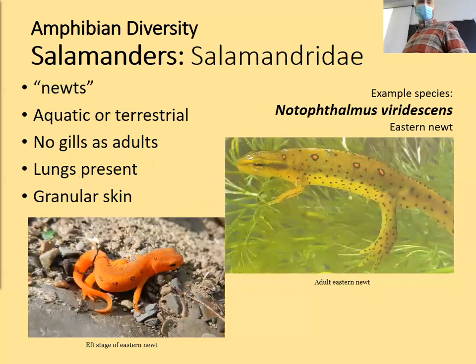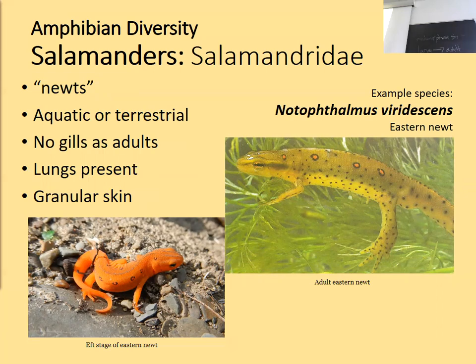So that's Proteidae. The other family, 2 more families, or 3 more families, actually, sorry, Salamandridae. These are commonly called your newts. You see these are very common across the world, right? The species we have here is Notophthalmus viridescens, the eastern newt, very common. This is an eft stage.